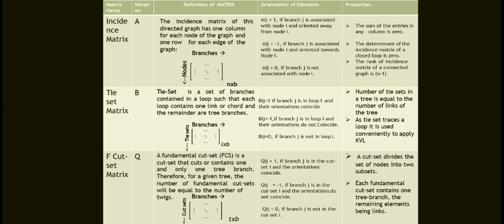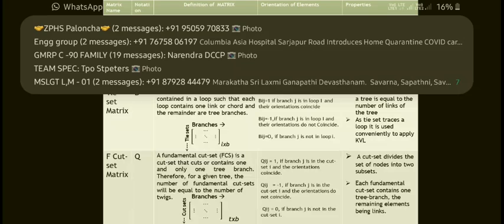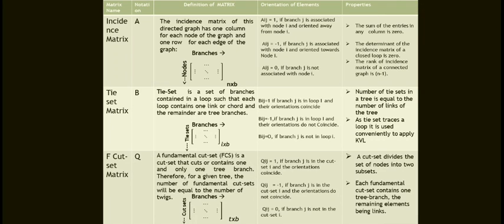When will +1 come? When it is oriented away from the node, meaning outgoing. If the current is incoming towards the node, it gives -1. Aij is equal to 0 if branch j is not associated with node i.